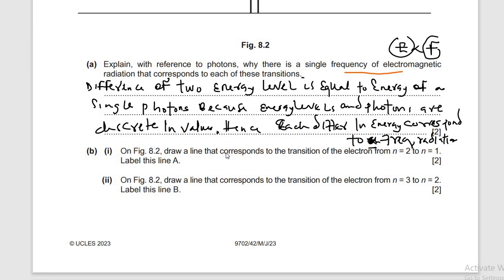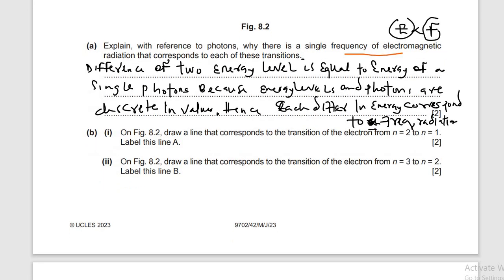So they are unique each. You can't get the same value of energy difference for different levels. Each difference in energy level corresponds to a particular single photon, which is unique and has its own frequency of radiation. That's just what I'm trying to say.